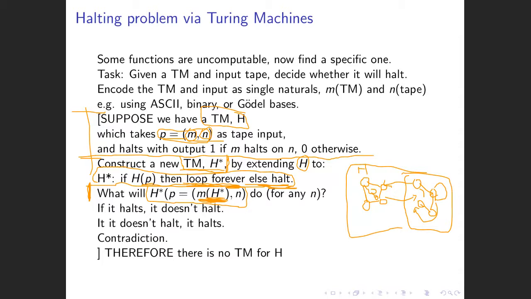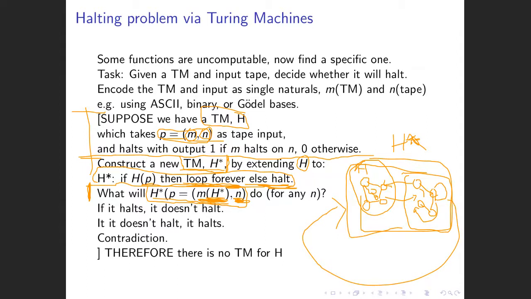Actually, with anything on the input tape, doesn't matter. So now we've taken our magic halting machine, halting detector. We've extended it to make H star, and now we're going to feed a description of it into itself. We're going to say, do you halt when given yourself as an input?